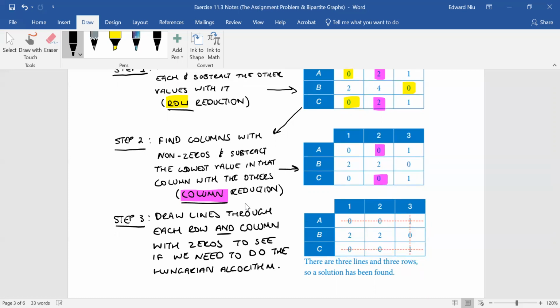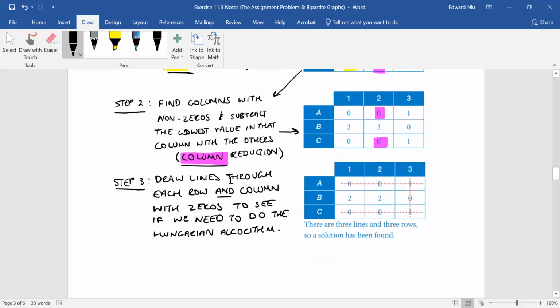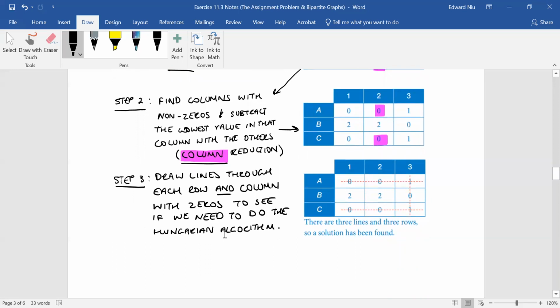Now you're probably wondering, what the hell is the Hungarian algorithm? The Hungarian algorithm is used when there are essentially not enough lines to cover the number of rows we have. Okay, so what you notice is we've got 3 rows, okay, and we've got 3 lines.